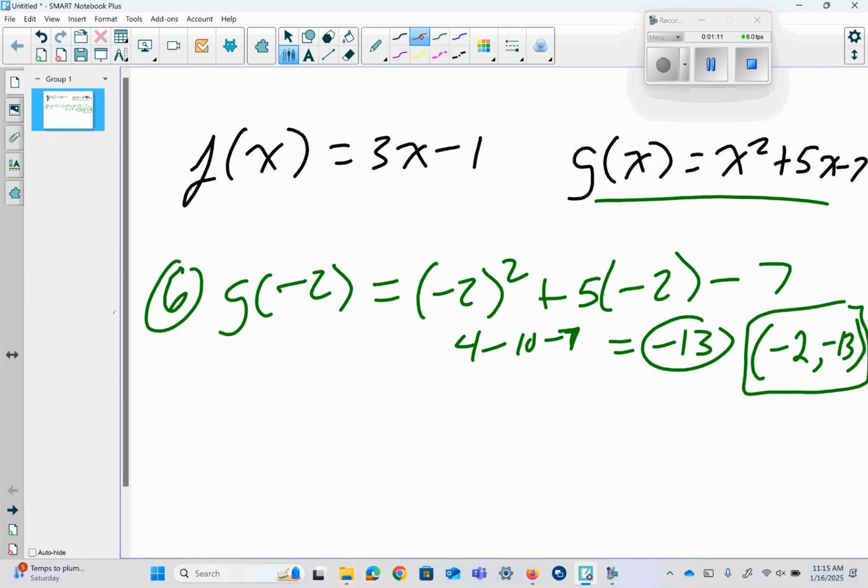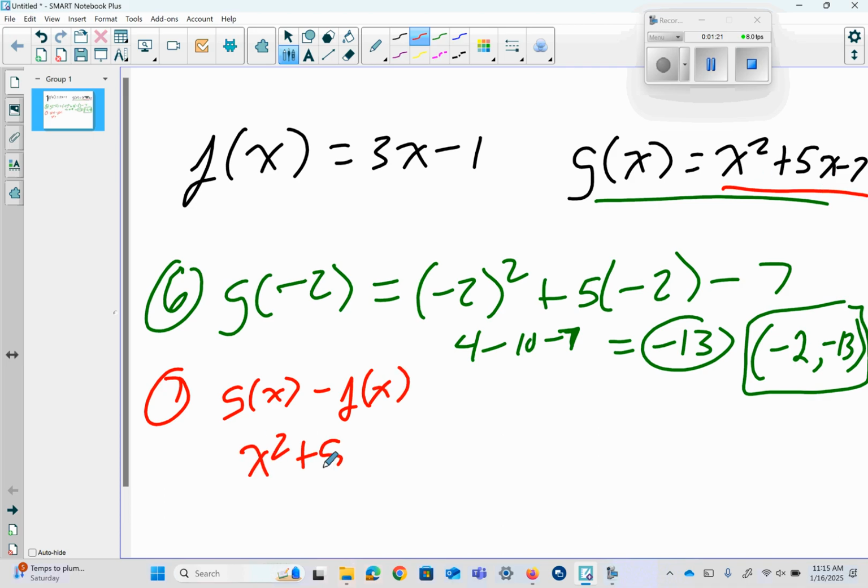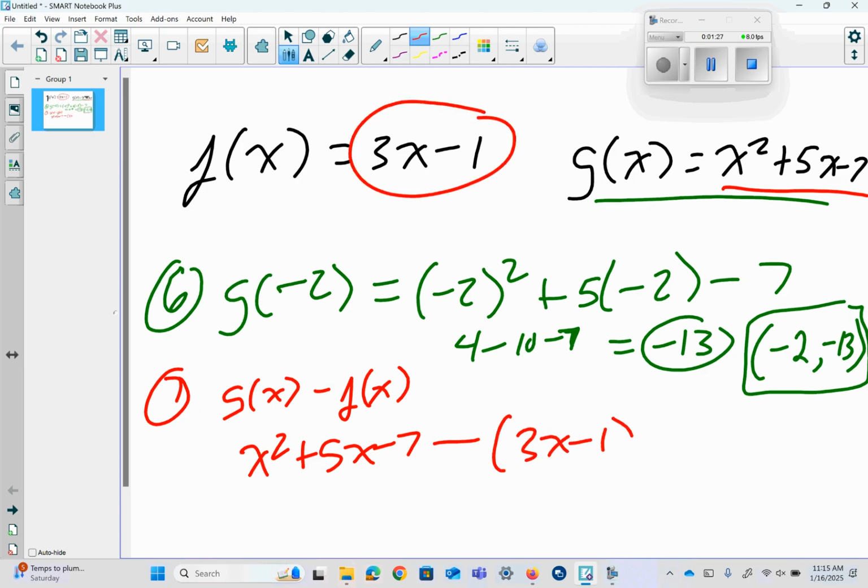So then number 7 says we want g at x minus f at x. Okay, so g at x is this, and then I want to subtract this from it. So I'm going to put this in parentheses so you don't forget to distribute the negative over.